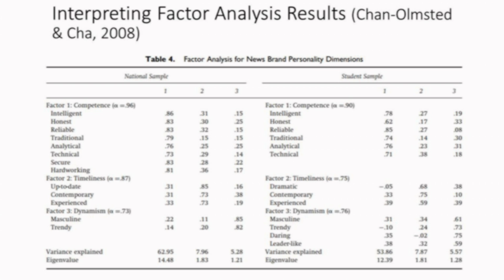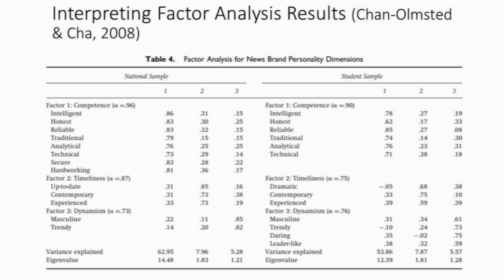As we go to the bottom, we can see here variance explained. For the first factor, 63% of the variance in the data set was explained by this. The eigenvalue is how powerful that scale is compared to an average scale. 14.48 means it is 14 times more powerful than an average scale in explaining the data variation here.